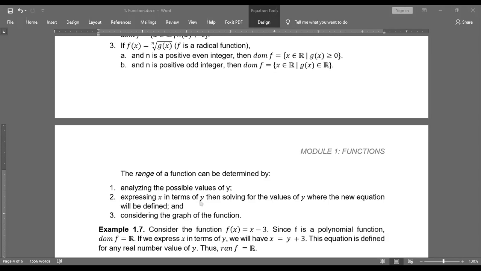Typically, isolated yung y variable or our f of x. But to find the range of the function, we have to isolate the x variable this time. And if it is still complicated, you have to consider the graph of the function, or to verify whether your range is correct, you have to graph the function.